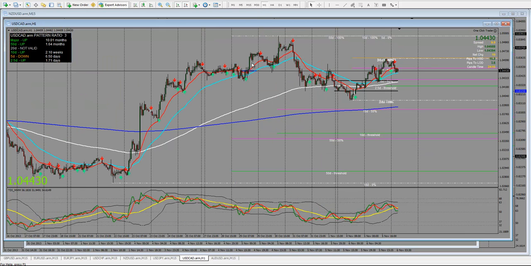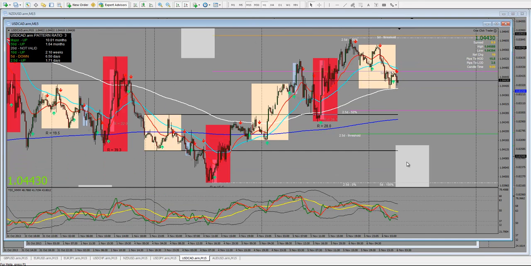On the hourly chart, I'm biased to the downside on the dollar CAD still. So we're looking at the 15-minute chart around this area here, dollar CAD.